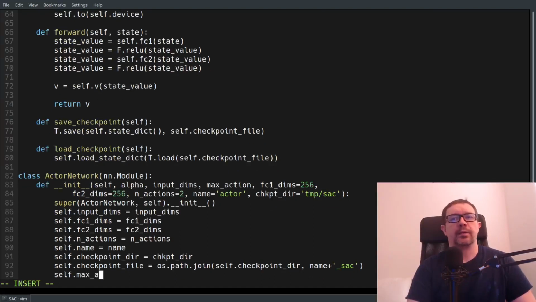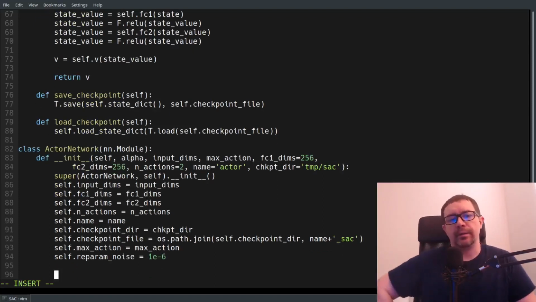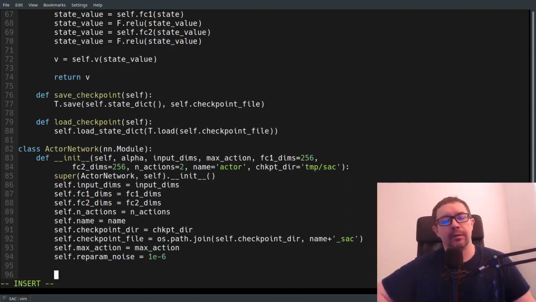We need our max action, and we also need something called reparameterization noise. Now, the need for the reparameterization noise will be a little bit more apparent when we handle the calculation of the policy. It's going to be there to serve a number of functions. First of all, it's going to make sure that we don't try to take the log of 0, which is undefined. That'll break the software, so we need a noise factor for that.